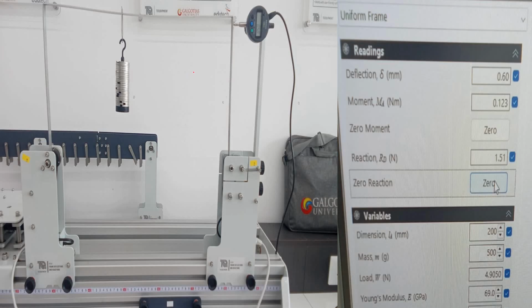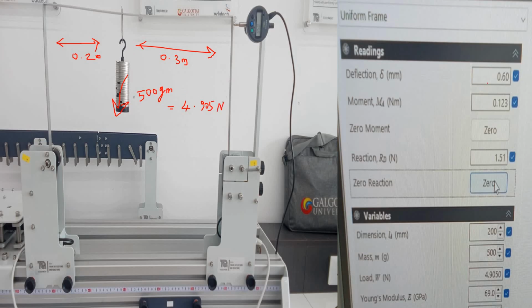This equipment will show you the digital value of the deflection at this location, and you can see that this is 0.2 meters and this is 0.3 meters, and this weight is 500 grams, which is equal to 4.905 Newton.